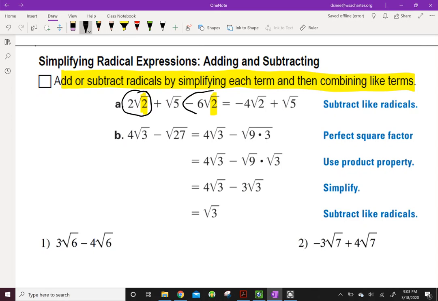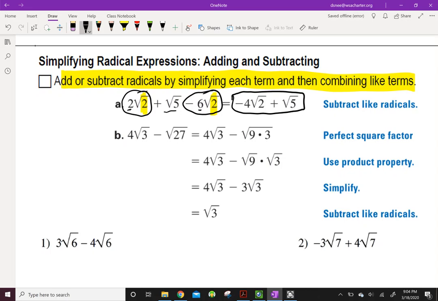And remember, when we're adding and subtracting with radicals, the radicand has to be the same, and then you're going to perform the operation on these two. And 2 and negative 6 is negative 4 root 2. That's where this came from right here. And the square root of 5, we can't do anything with that, so that's right there. And that's our final answer. Here are some examples of how that works.